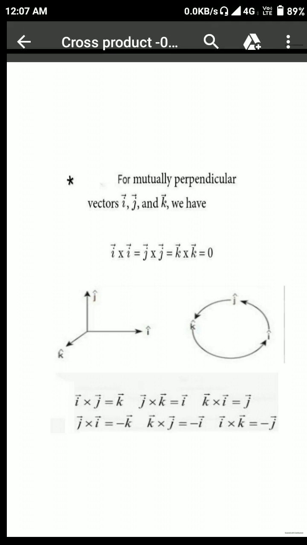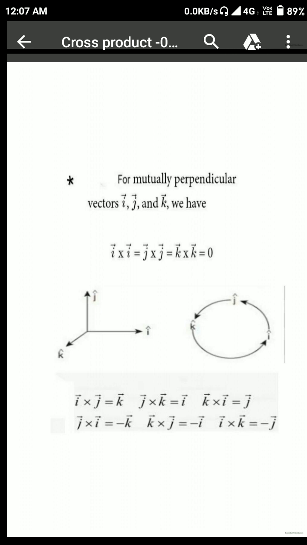One easy way to remember this, from the given figure shown in the circle, if we want to travel in this way from I to J, then J to K, then K to I, in that direction, then there will always be a positive quantity.